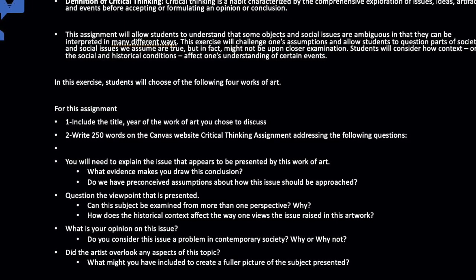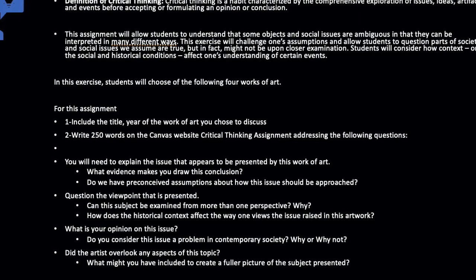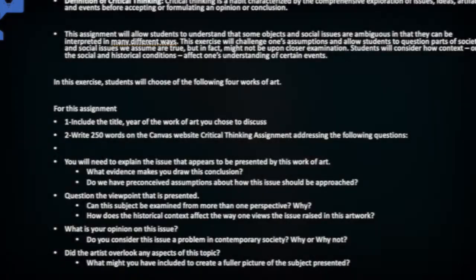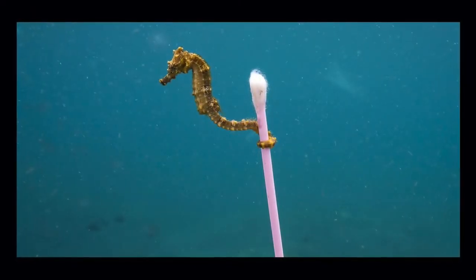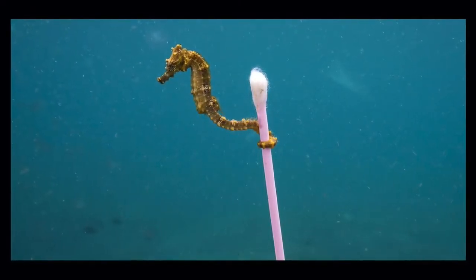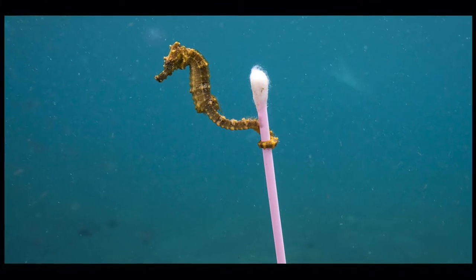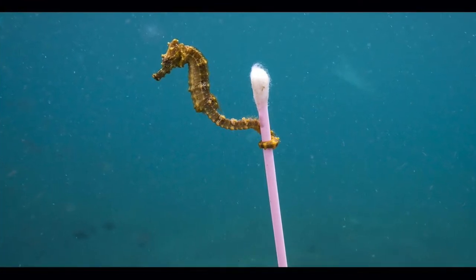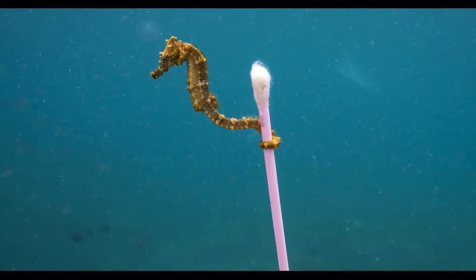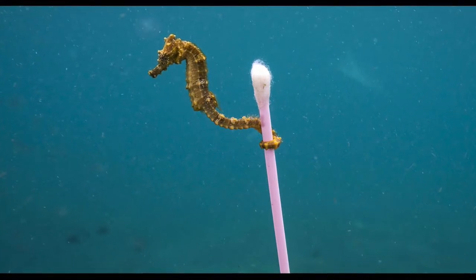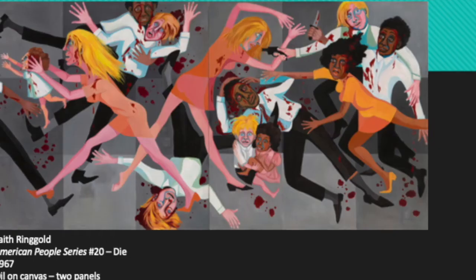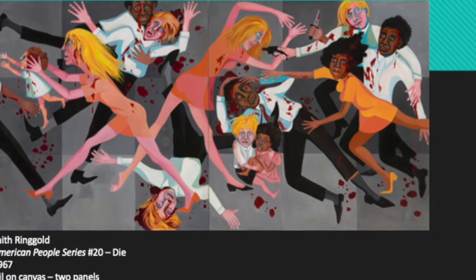The works that I've presented address issues that are being discussed in contemporary society. Many people have different viewpoints about how to approach these issues and to solve these problems in our modern society. And the first of those is Faith Ringgold's American People series, number 20.